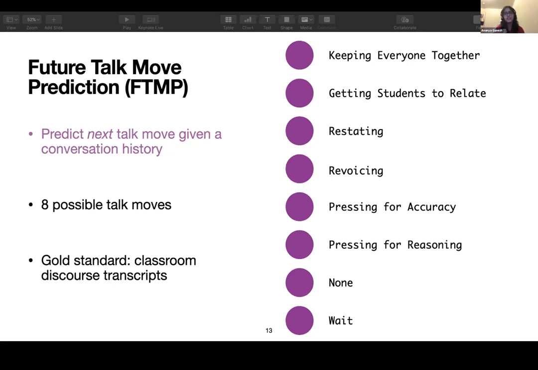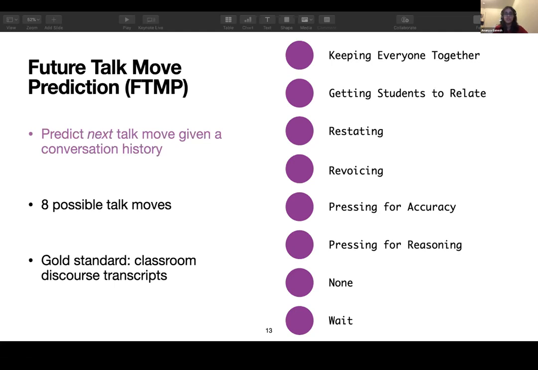Restating and revoicing, they repeat something that a student has said for greater emphasis. Pressing for accuracy and pressing for reasoning is done when the teacher wants to make the student come up with some answers or think deeper about something. And none and wait are introduced by us for utterances that don't fall into any of the above categories.